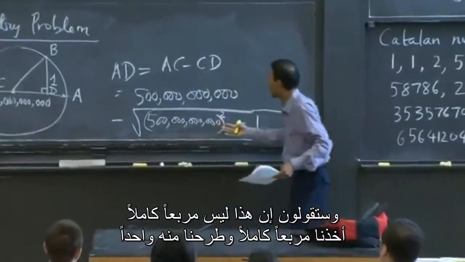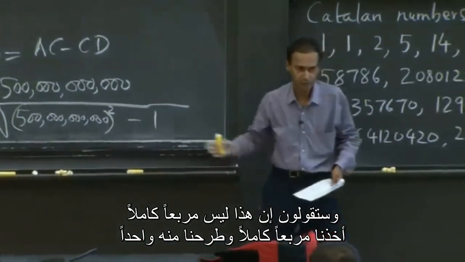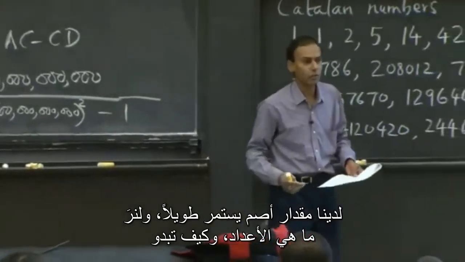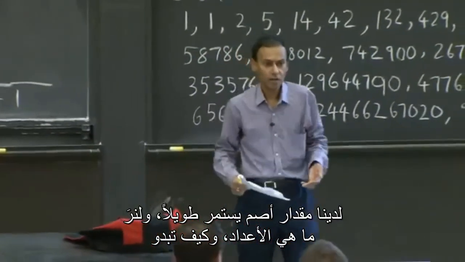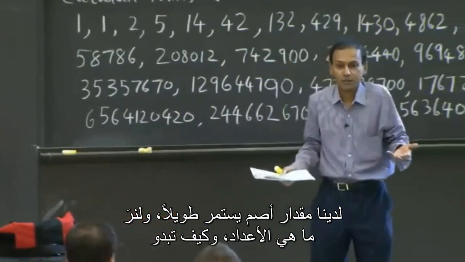And you'd argue that this clearly isn't a perfect square. You took a perfect square, subtracted 1 from it, and so you have an irrational quantity that's going to go on. Let's see what it looks like.